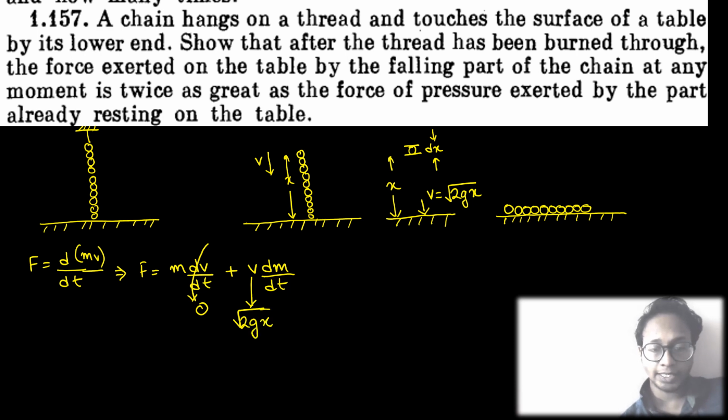Now you have to find dm by dt. Dm is nothing but the elemental mass of this chain out here. Now if I consider the entire mass of this chain to be m, and the entire length of the chain to be L, then if I apply the unitary method, m mass contains L amount of length.